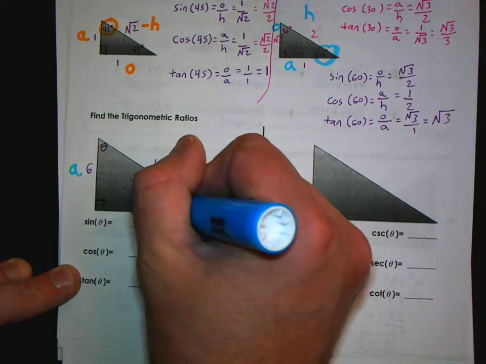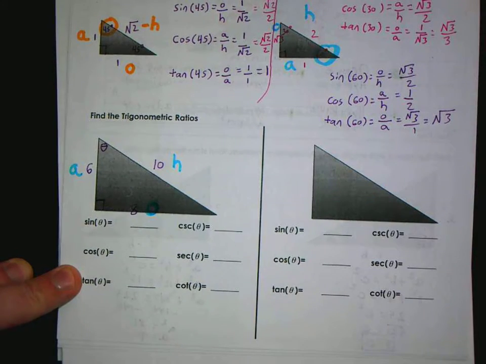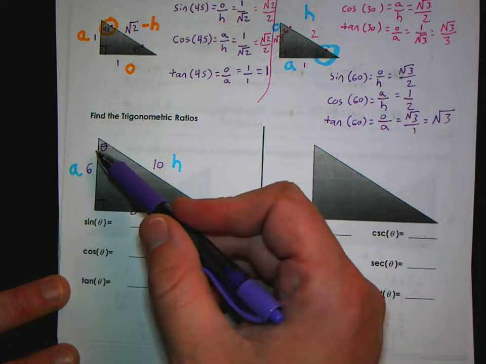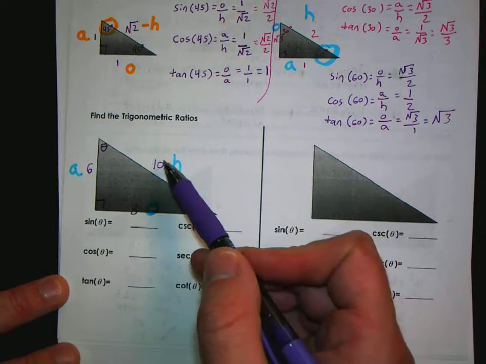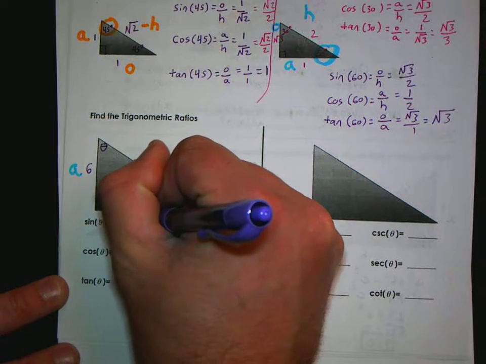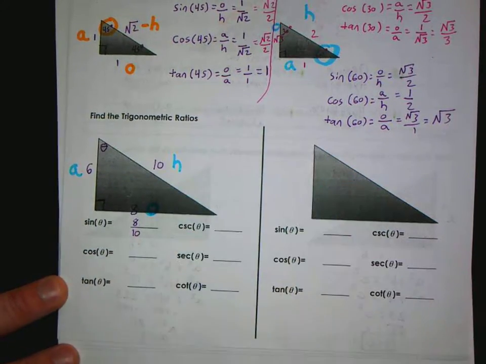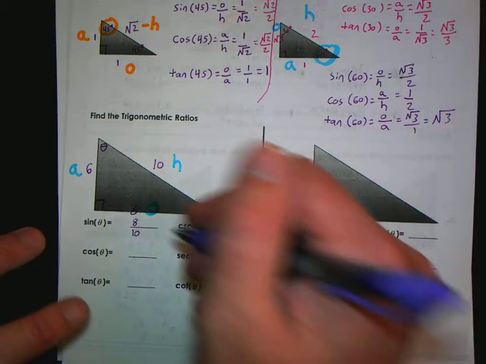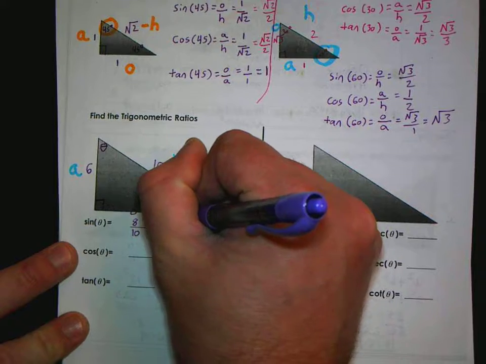You can't really see my O. So going through the ratio, sine is opposite over hypotenuse. So 8 over 10. Right? And by the way, make sure you reduce these. 8 over 10 reduces to 4/5.